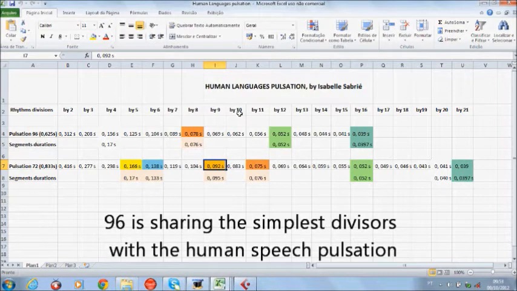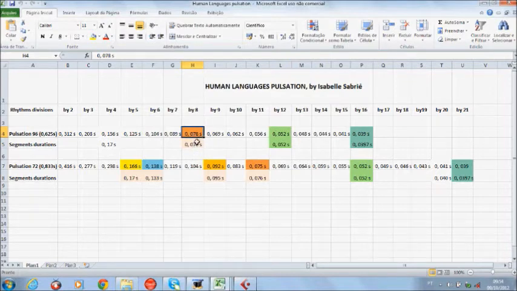And what do we see with the pulsation 96? It's that the coincidence, the perfect coincidences with my segments, coming from the Portuguese, are on the strategic position 16, 12, which is multiple by 2 and 3, and 8, which is a multiple by 2.